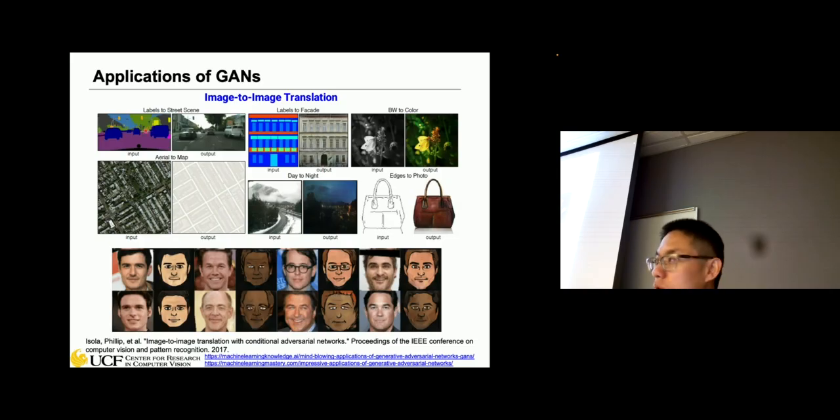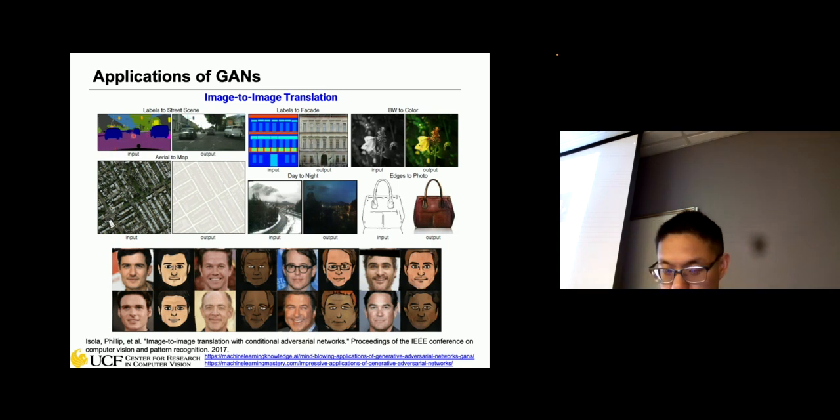This is really useful in a lot of applications. If you want to train vision models for autonomous driving, you can collect a lot of videos using dash cameras, but you need to do extensive labeling, generating pixel-wise labeling information.